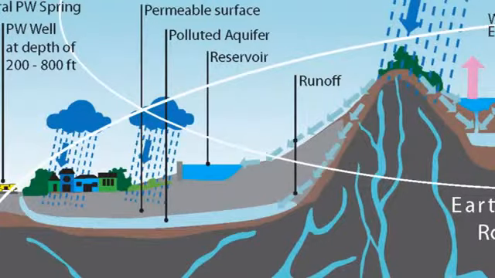Then we're looking at the next line that is entitled polluted aquifer. Any aquifer that is trapped beneath this permeable material which we occupy has to be polluted because of our presence.